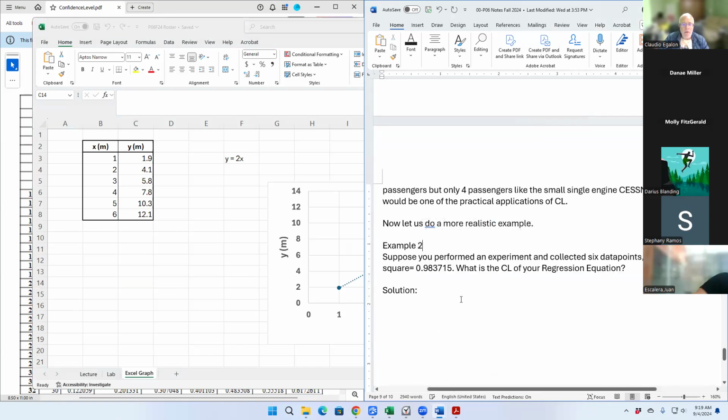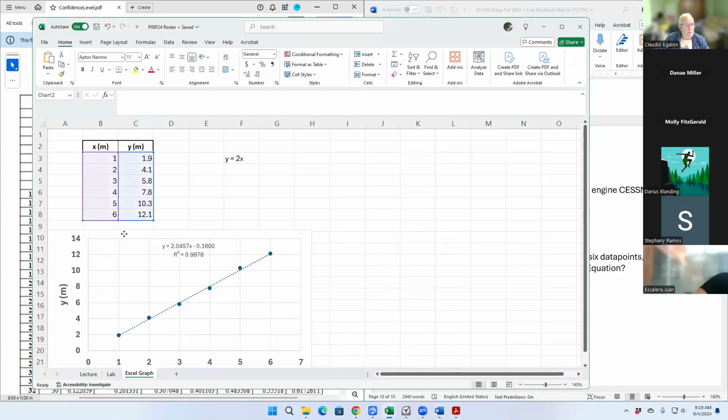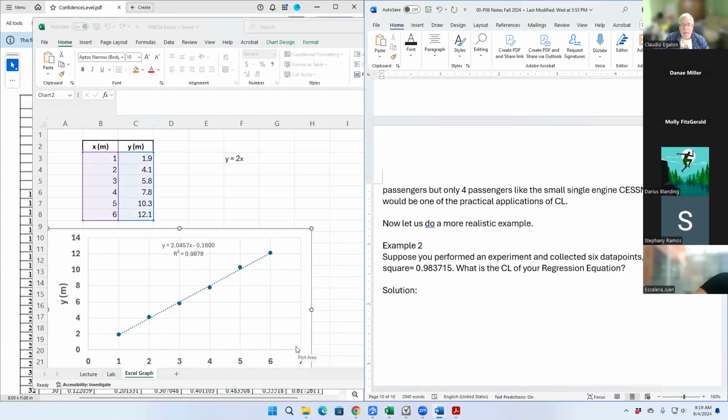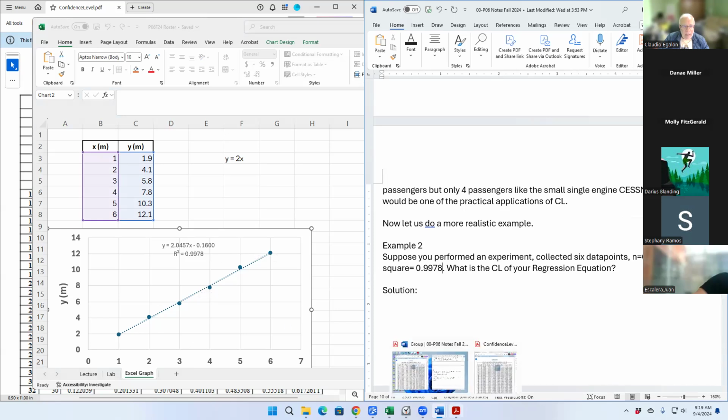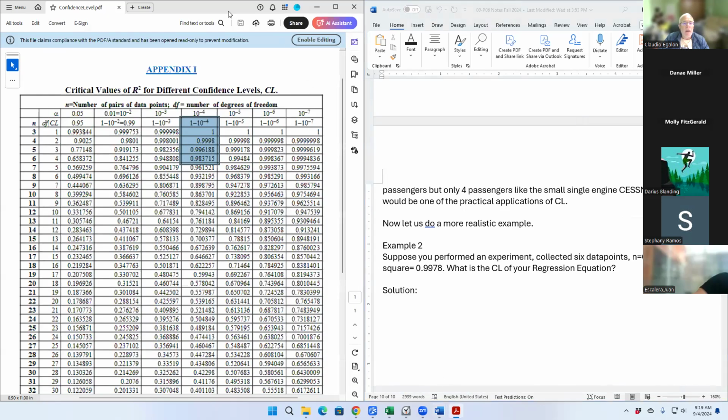Example 2: suppose you perform an experiment, collected 6 data points and found an R square equal to 0.9978. What is the CL of your regression equation, right? Going back to our table of CL, n equal to 6 is right in here.